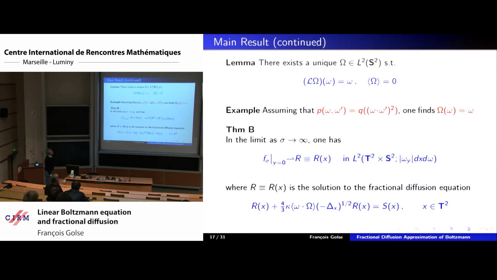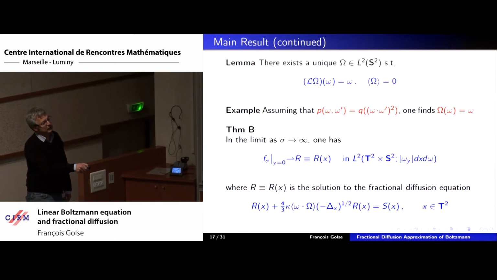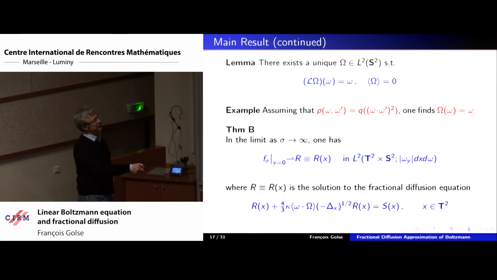But then you want to understand what happens to this solution as sigma tends to infinity. In the limit, what you can prove is that if you look at the boundary value, the trace of f sigma on y equals 0 on the interface, this sequence of functions is going to converge to some r of x, which is a function of x only, although the convergence here is a weak convergence in L2 in x and omega for that measure, which is the measure for the flux term on the interface.